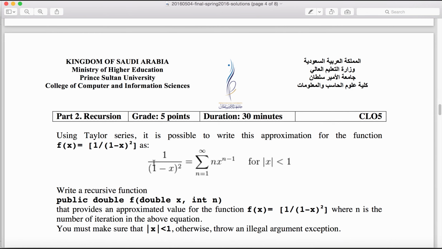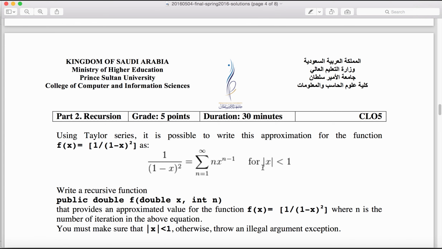So you need to think this through. If you want to apply it, watch this video again. It's the function 1 divided by (1 minus x) squared, which we can approximate by a sum of n multiplied by x^(n-1), for absolute value of x smaller than 1. So x must be between minus 1 and 1. This is a condition that you have to check.